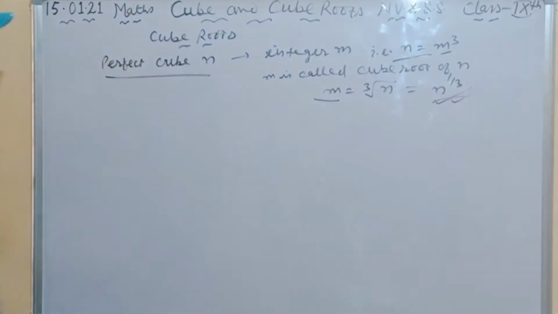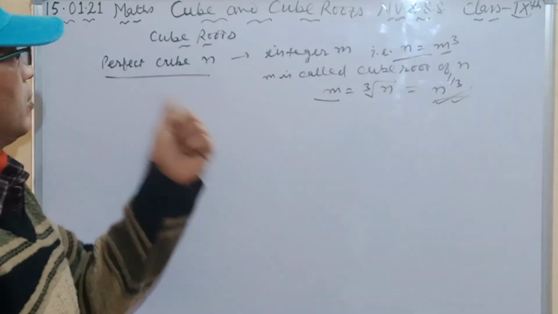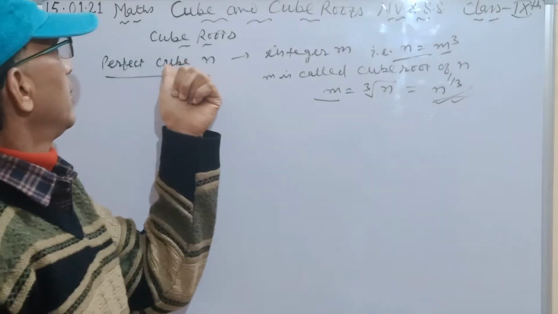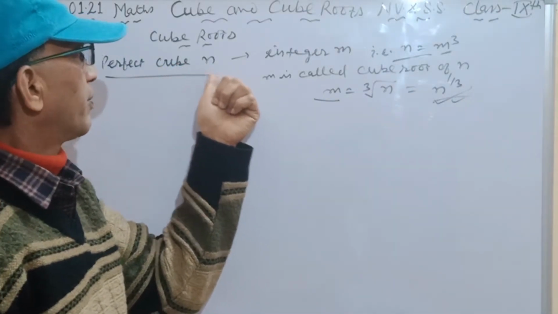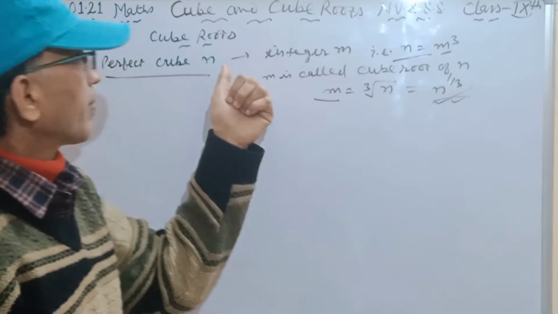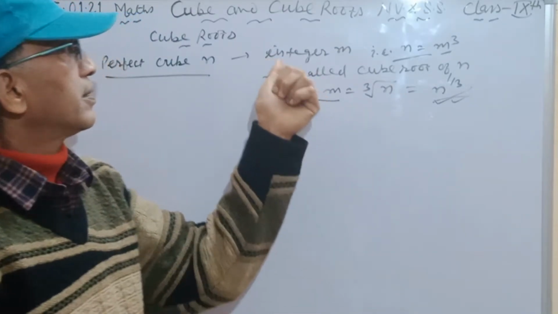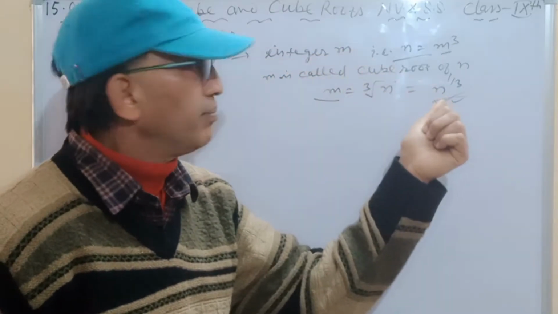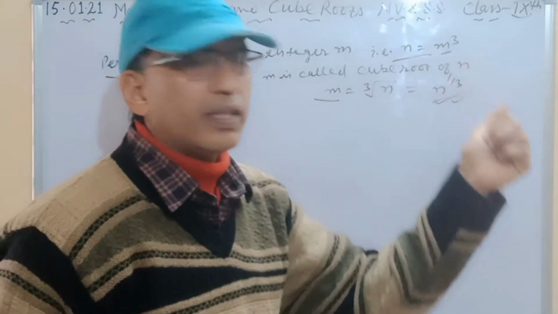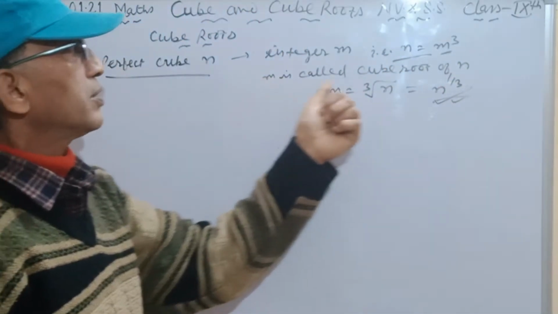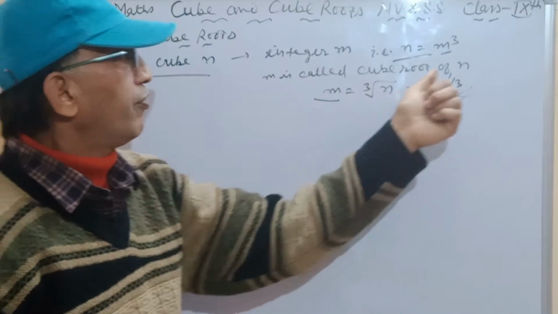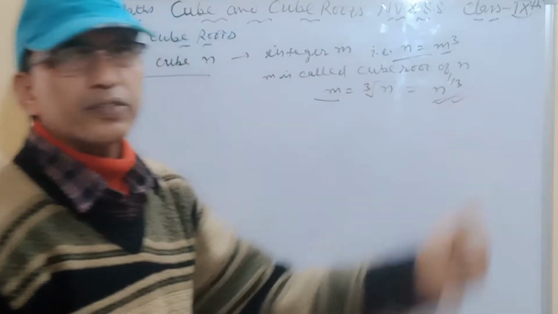This is the cube root. So for the given perfect cube n, taking the integer m such that n equals m cube, m is called the cube root of n. You can write it this way also.